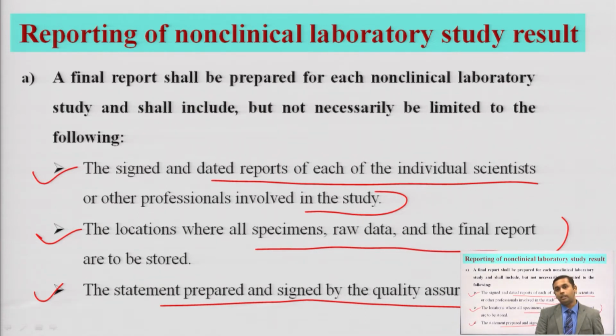So, ultimately the quality assurance people will give you the assurance that yes, it was done in a correct manner, there is no compromise with safety, and everything worked in a perfect manner. That is why quality assurance comes into the picture.